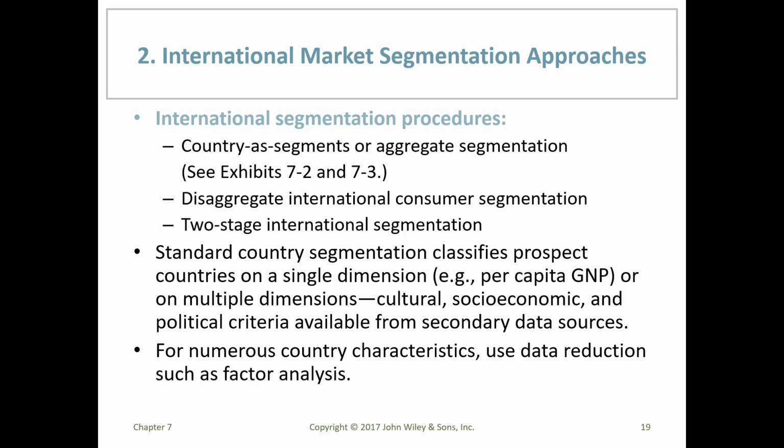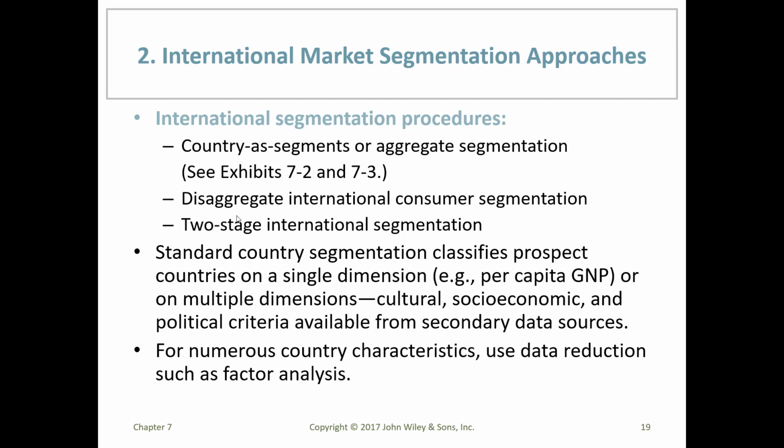This is what we'd call aggregate segmentation, and then we'd actually do disaggregate segmentation. Now, what does this mean? Say we found a nice cluster of countries we're interested in, like Belgium, Netherlands, and Luxembourg. Then we segment the consumers within those countries.